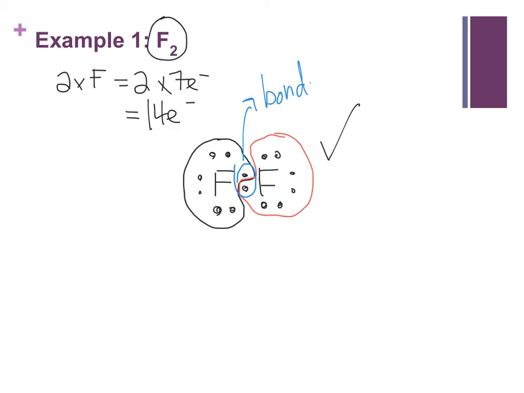If you would like, you can replace the 2 electrons that form bonds with a single line instead. So this Lewis diagram would simplify to 2 F's with a line between them, but then we have to show all of the other dots too. So we'd have 6 more around each fluorine, just like so.